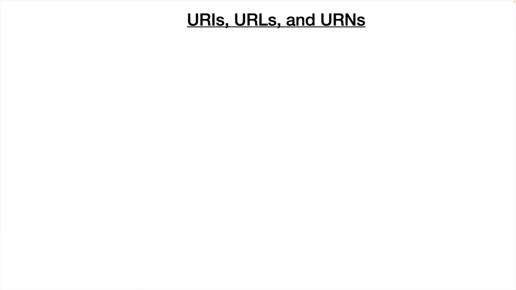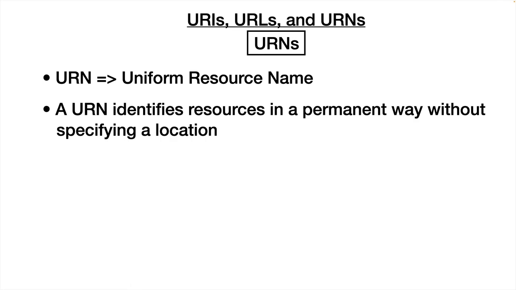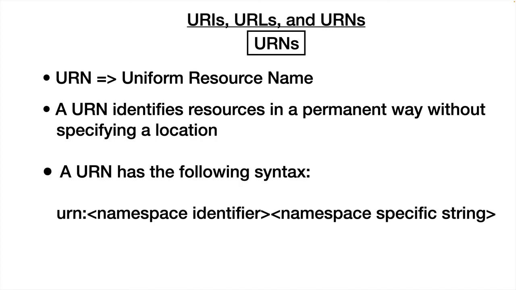And then we have URNs, which again stand for Uniform Resource Name. A URN identifies a resource in a permanent way without really telling where that is located on the internet. So a URN starts with urn: you have something called a namespace identifier, which kind of tells what this URN is referring to.